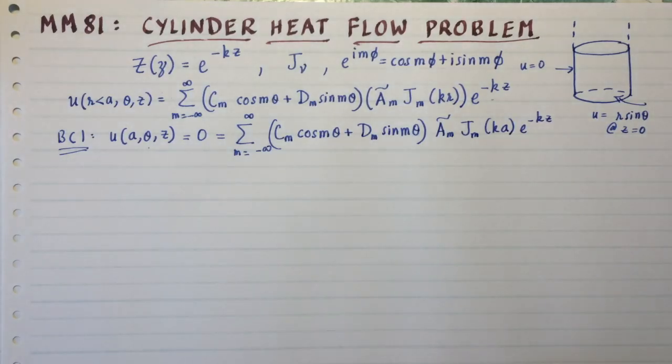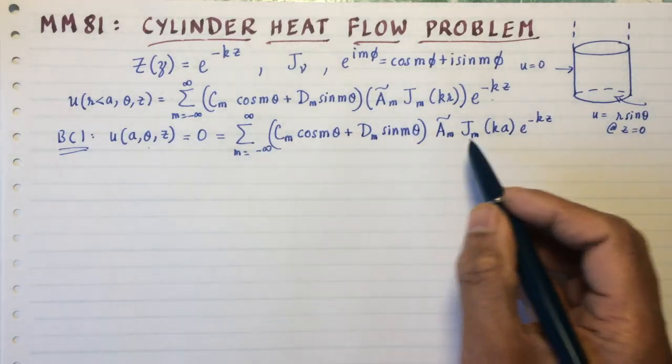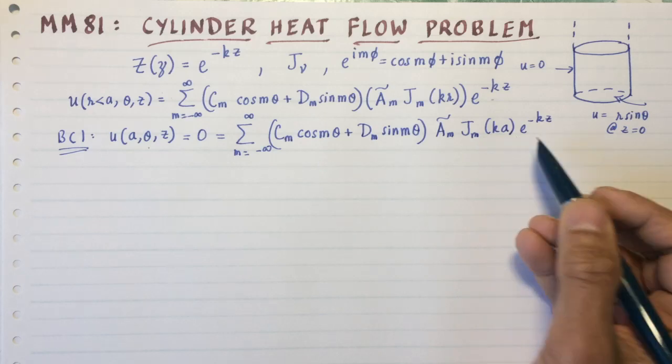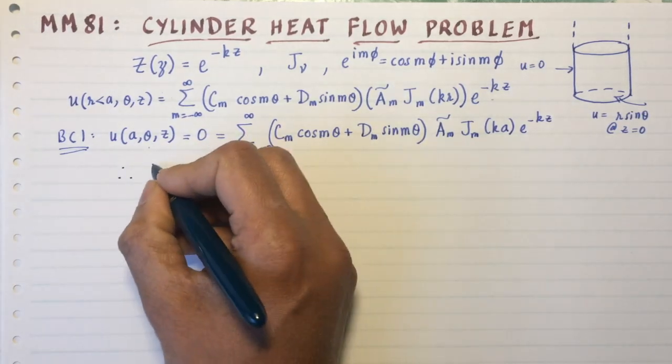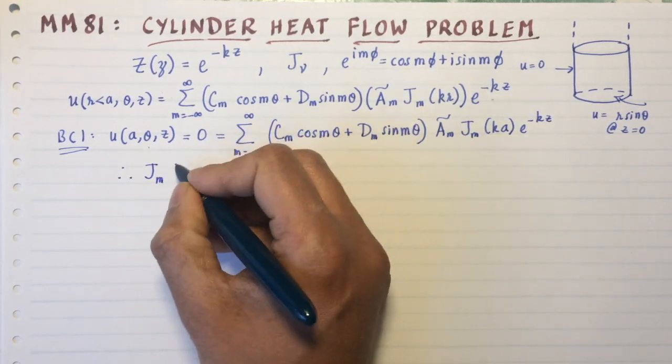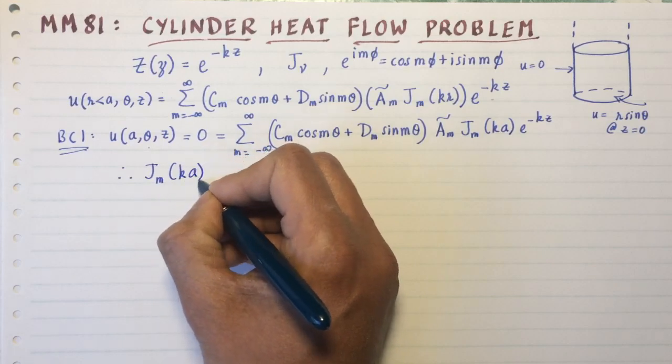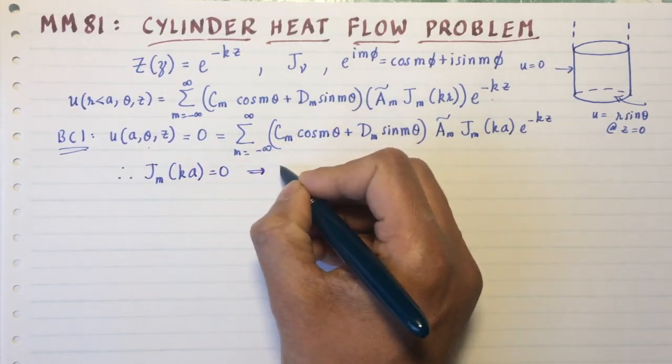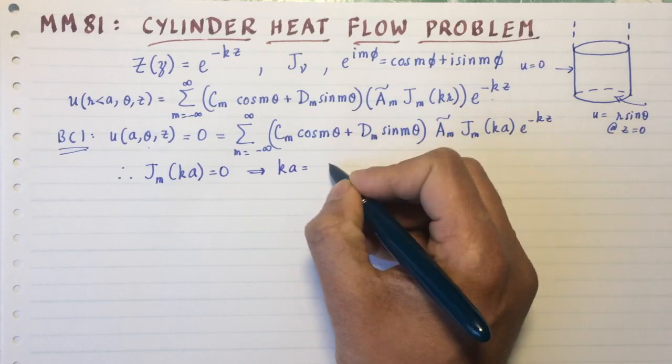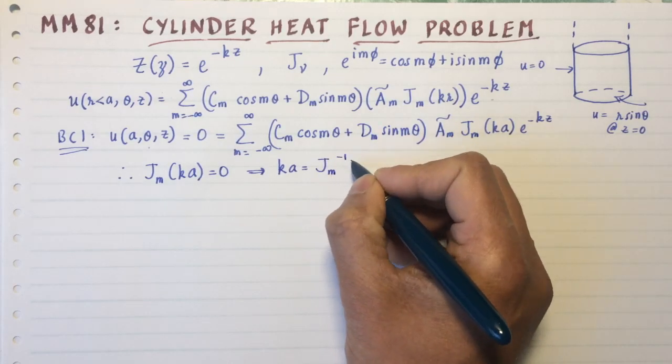Now how can this be 0? The only way this can be 0 is if J_m(ka) is 0, or if ka is the J_m inverse of 0.